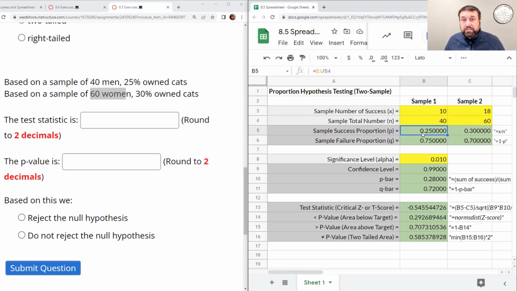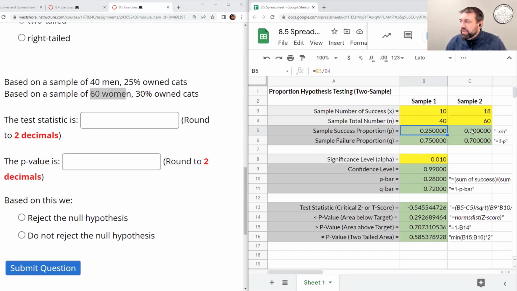Could we have accidentally sampled a group of men that for some reason aren't allowed to own cats, and that's why they don't have them? Or could we have accidentally surveyed a group of women that were all part of the cat owner club and we didn't know it? Is there an inherent bias in our sampling? How likely is it that if we went out and resampled 40 men, 10 of them would own cats? That's what we're getting at.